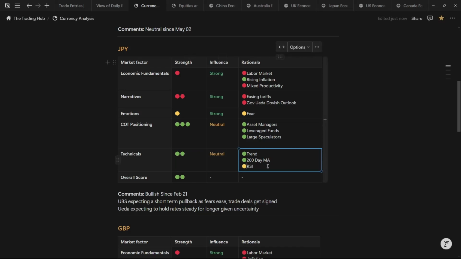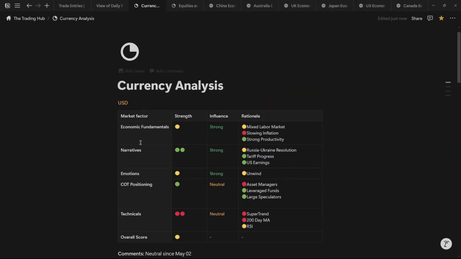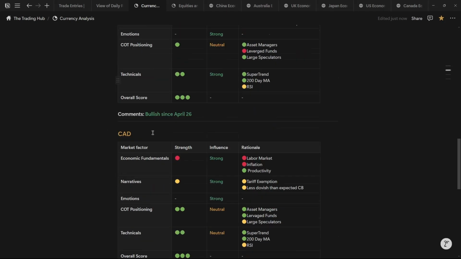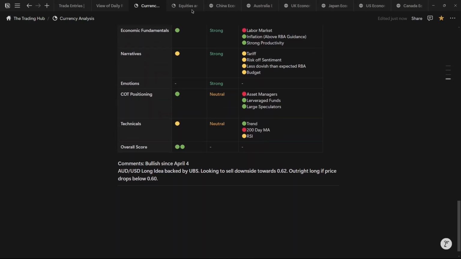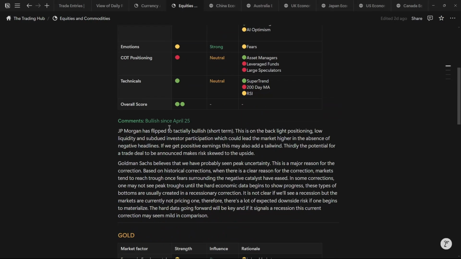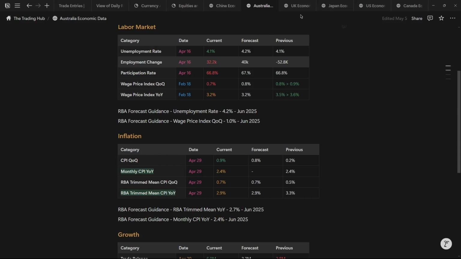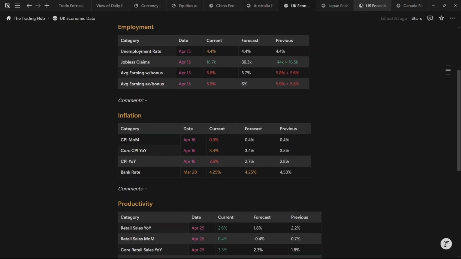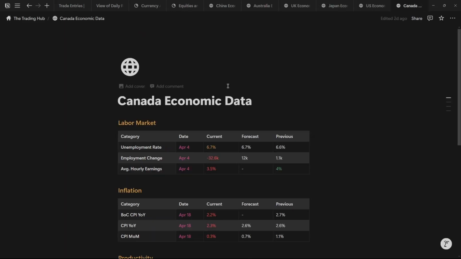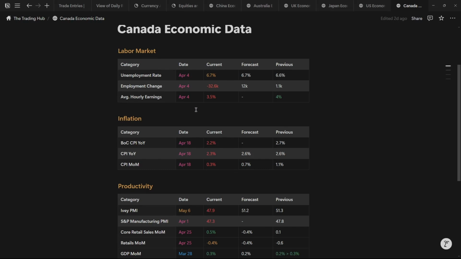So that's basically how I currently do this, and it's manual, and I do this for JPY, USD, the pound, Canadian dollar, Australian dollar. I do this for Nasdaq, gold, Hong Kong 50, oil. I track the economic data for China, Australia, UK, the US, Canada, and I do all of this manually.